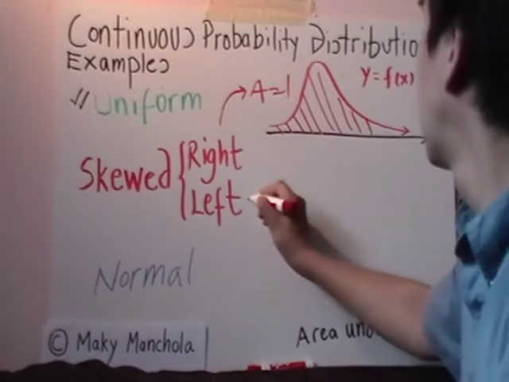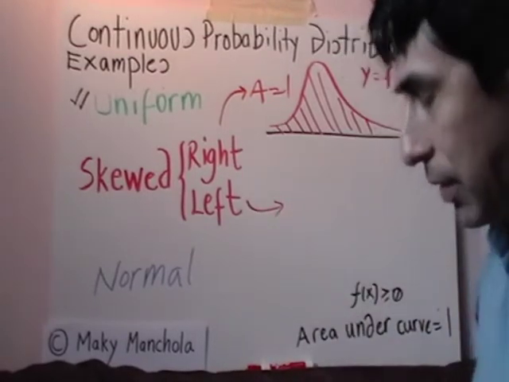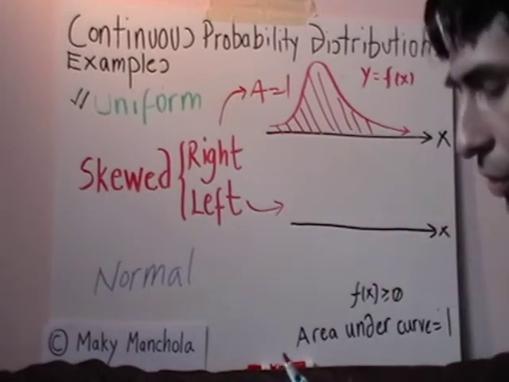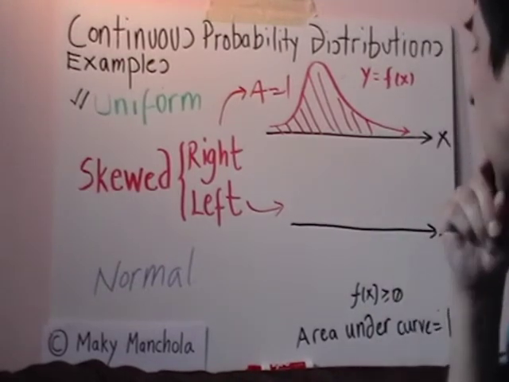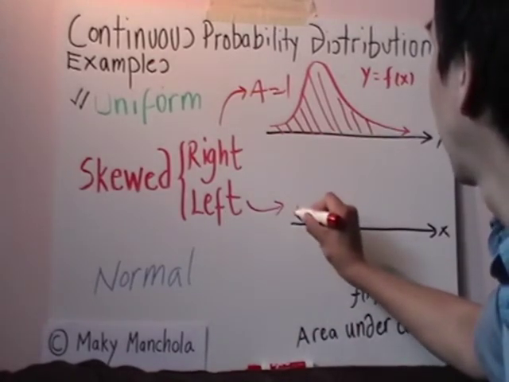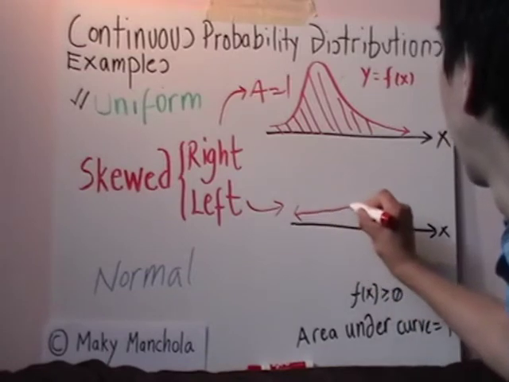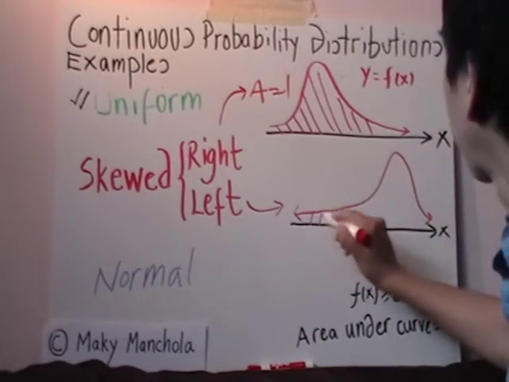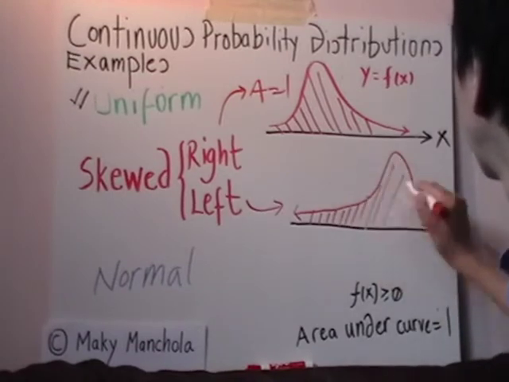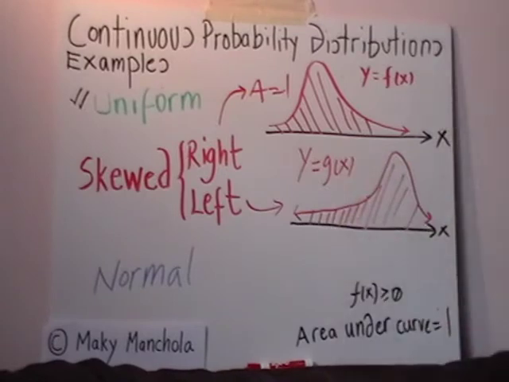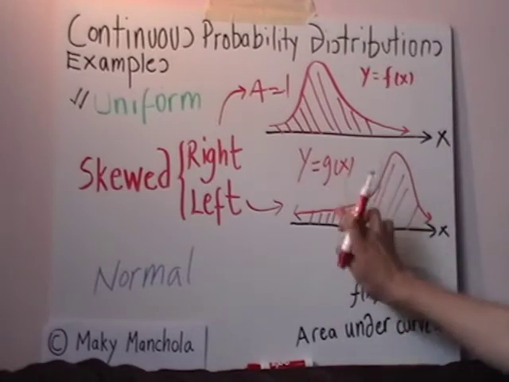Now let's see what one skewed to the left looks like. Again, here is your data axis. It's kind of the opposite. The skewedness is now left, so it's going to look something like this. Again, let's call this y equals g of x. You have to meet the conditions: g of x greater than or equal to 0.